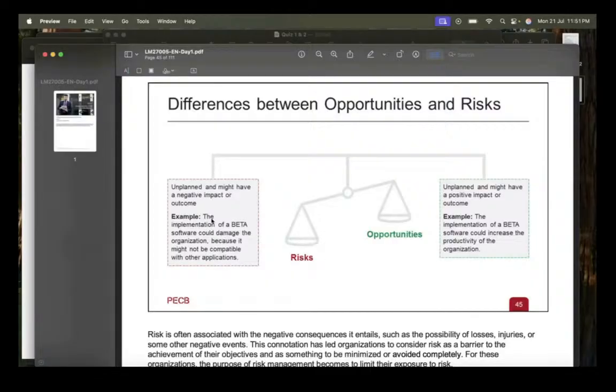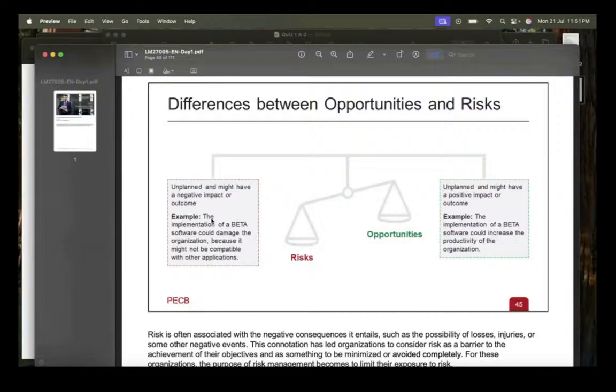So definitely risk here, if you can see, is any unplanned event that might have a negative impact or outcome, as we have discussed. And similarly, opportunity is any unplanned event that might have a positive impact or outcome. So risk can have a negative impact.